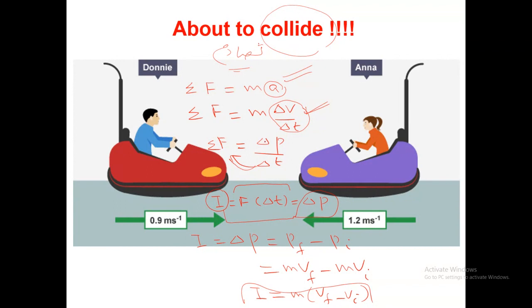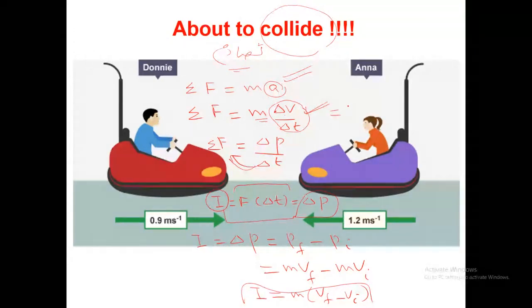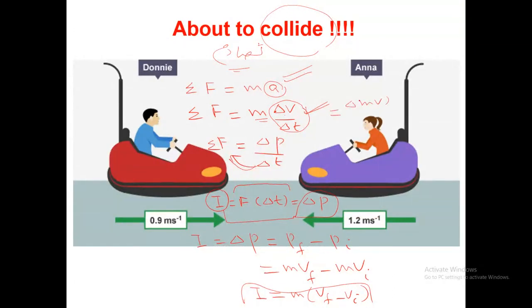Yes, a is acceleration. So I take m multiplied by v, it is equal to p, right? mv is equal to p. So I am using mv as p here. Delta p is the same mass multiplied by delta v.